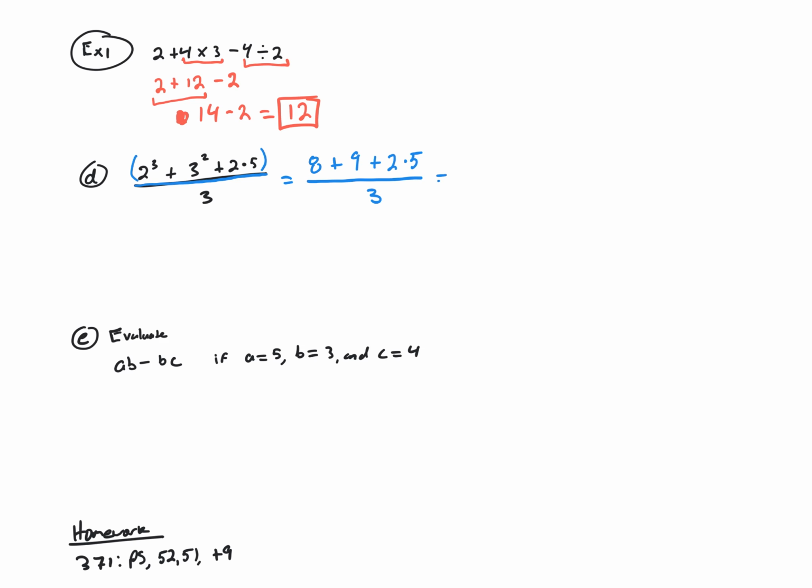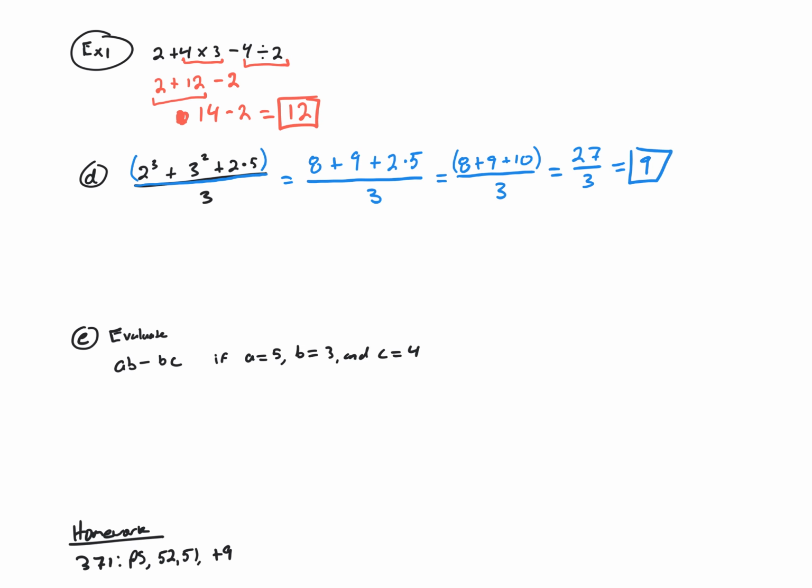So this is going to be 8 plus 9, and then 2 times 5 is 10, so plus 10, all over 3. Now I want to do division, but the grouping symbol is still outweighing this, so I need to simplify my numerator before I do the division. So 8 plus 9 is 17. 17 plus 10 is 27. Divide that by 3. Now the top is simplified down, so now I go ahead and do that division, and I get 9.